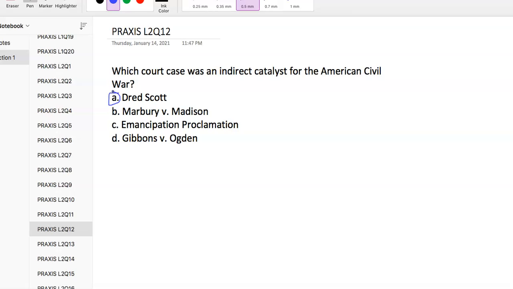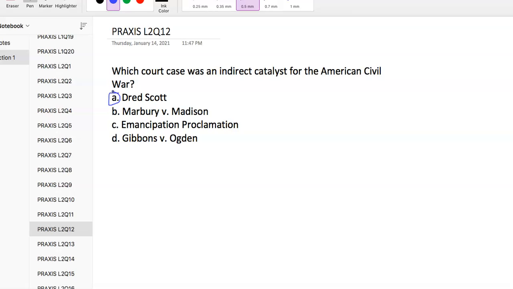It also stated that the federal government had no power to regulate slavery in the federal territories. The ruling led to significant dissent from anti-slavery elements in the North and indirectly led to the Civil War. Okay, so that's some background stuff.